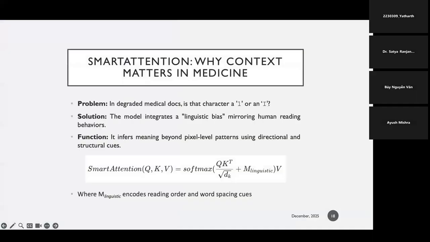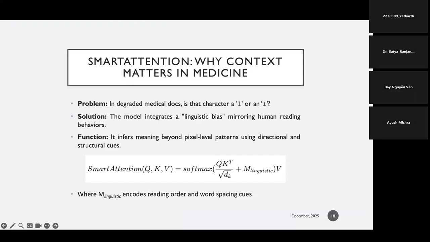Okay, and now let's move to the most critical part of our system, the brain behind the operation. We call it smart attention. To understand why we built this, I want you to imagine a very specific, dangerous scenario. We are looking at a faded old medical record.